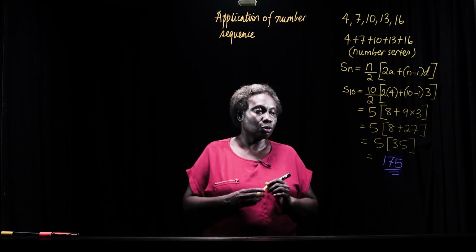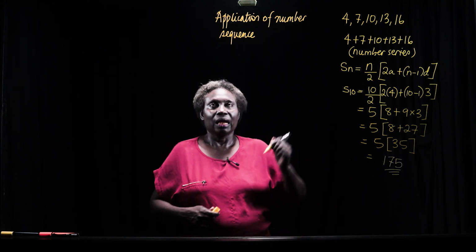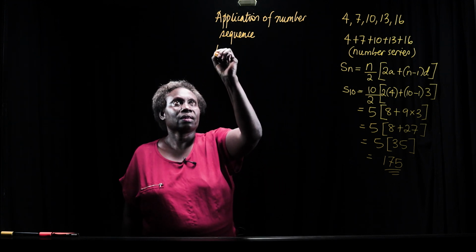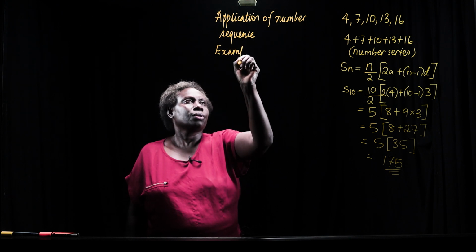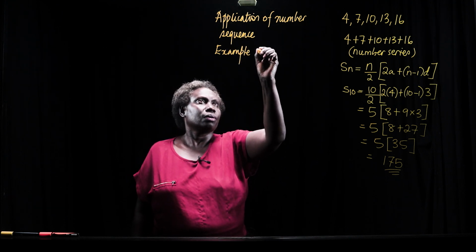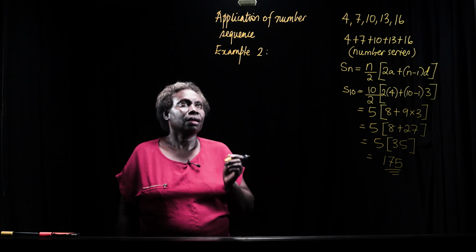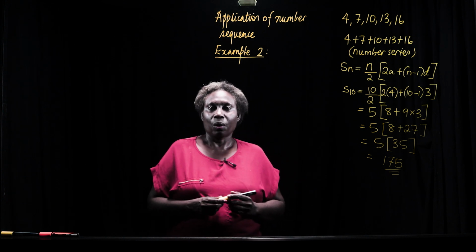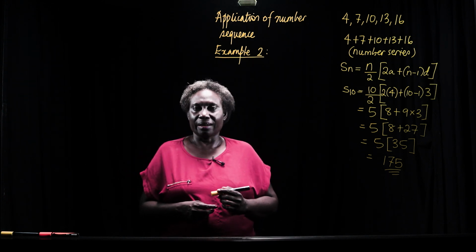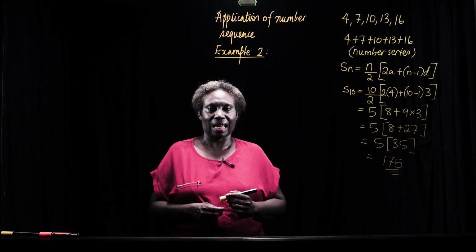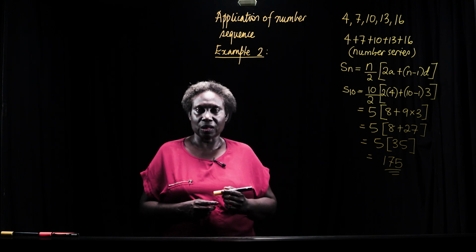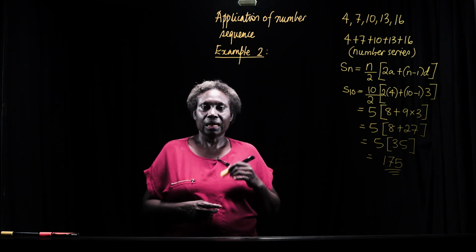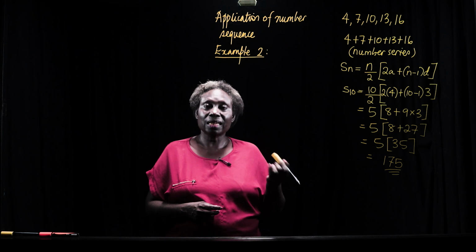Okay, we are going to look at a word problem. This time, that's example number 2. Okay, in example 2, we have a word problem. Let's say Jasper wants to buy a new phone and the phone costs 1,080 kina. He has to deposit 100 kina in the first month, and the following month he deposits 100 plus 10 kina.